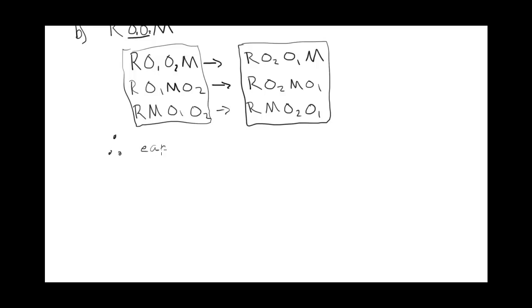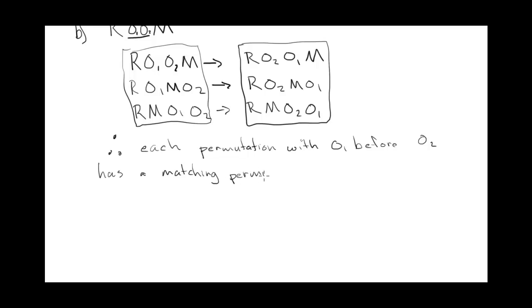So each permutation with O1 before O2 has a matching, or corresponding, permutation with O2 before O1.